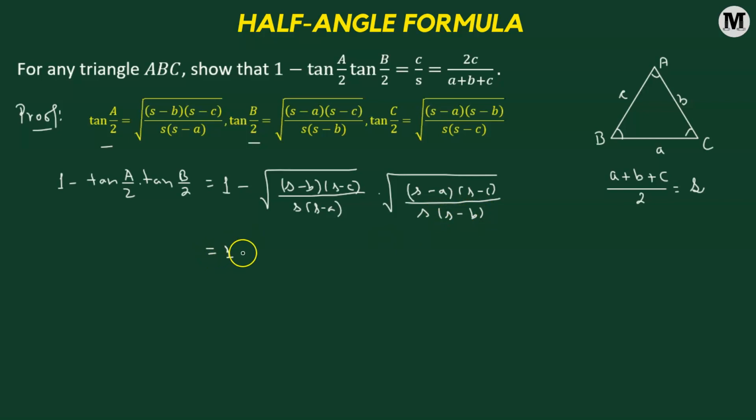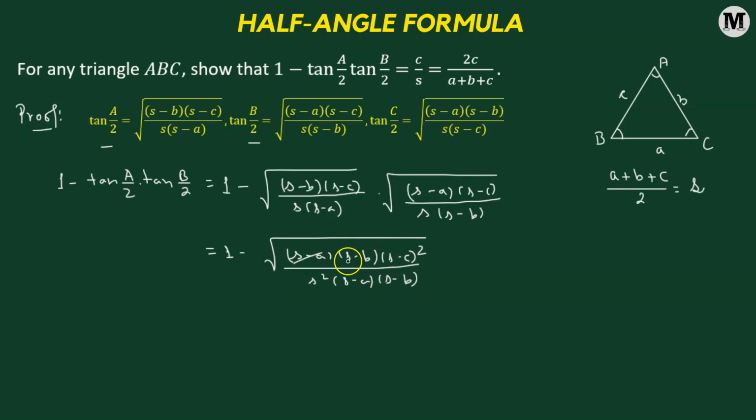Now combining the two square roots, we have the square root of (s minus a) times (s minus b) times (s minus c) squared, divided by s squared times (s minus a) times (s minus b).